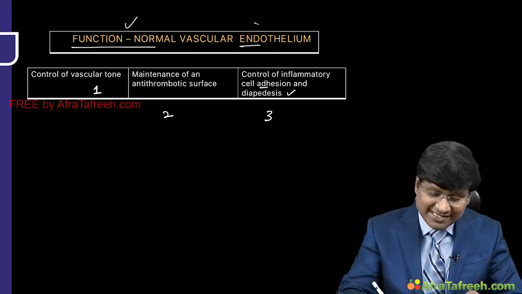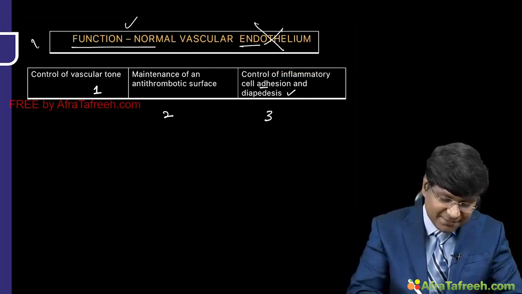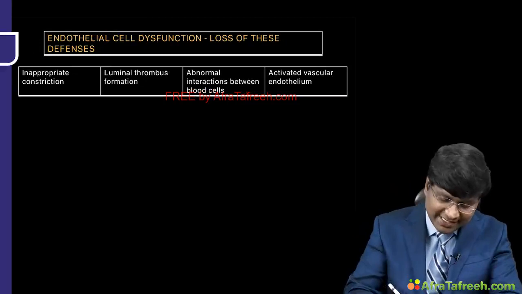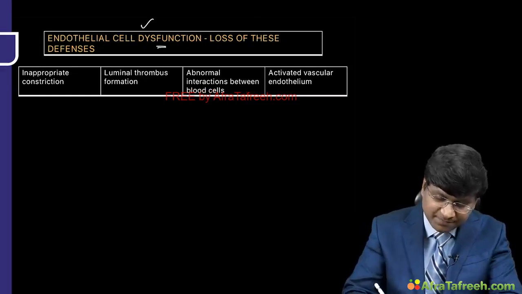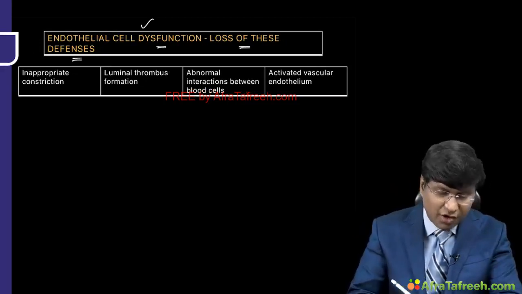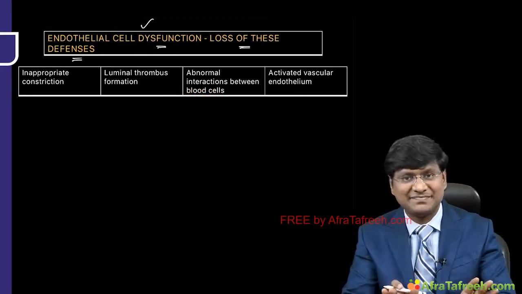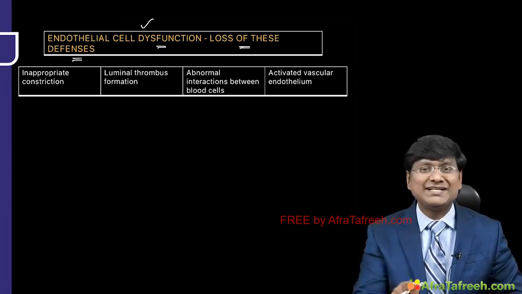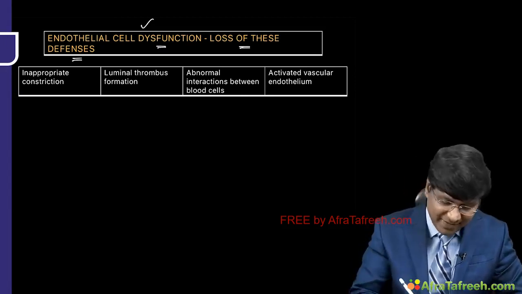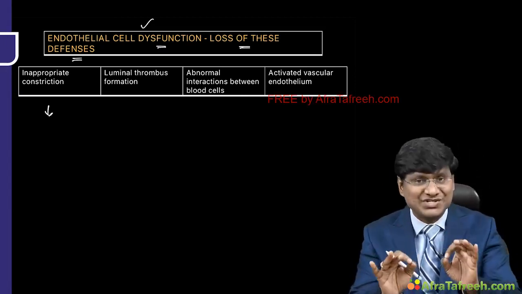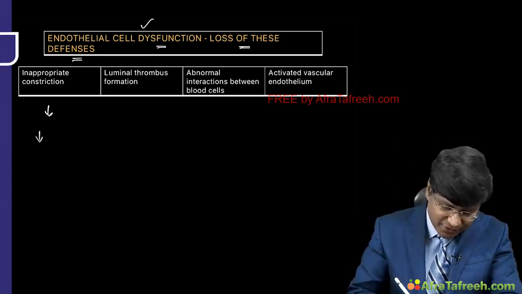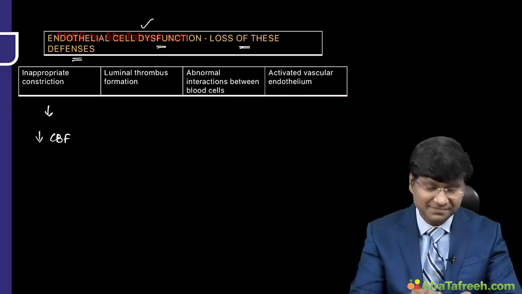Now, once there is endothelial damage, this particular function is disturbed. Once there is endothelial cell dysfunction, there will be loss of these defenses. Once there is loss of these defenses, there will be inappropriate constriction causing reduced coronary blood flow, right?